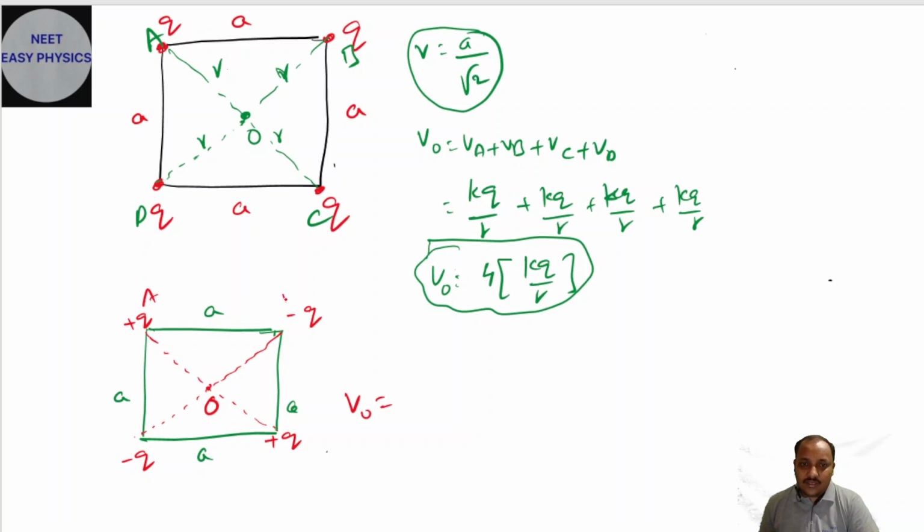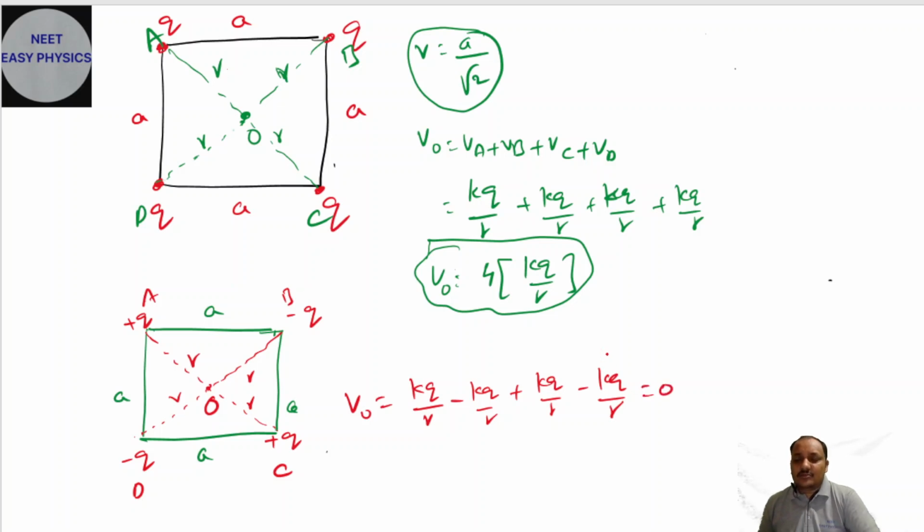So again A, B, C, D. So KQ by r, if you take small r, minus KQ by r plus KQ by r minus KQ by r, 0. Already I said in previous video, if total charge is going to be 0, you can take potential obviously as 0.